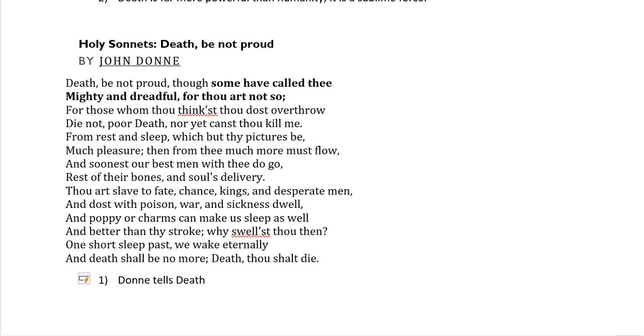So it's another of these forms of personification. Donne is talking to death as a concept, but he's really talking to death as though death is a person, or indeed as though death is that angel of death. Donne tells death that it is not mighty and dreadful.